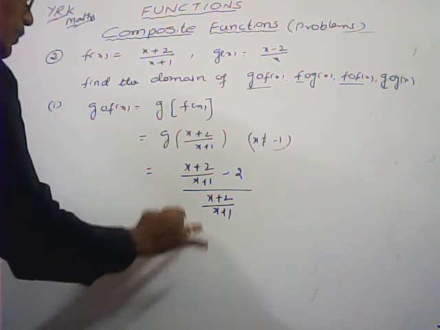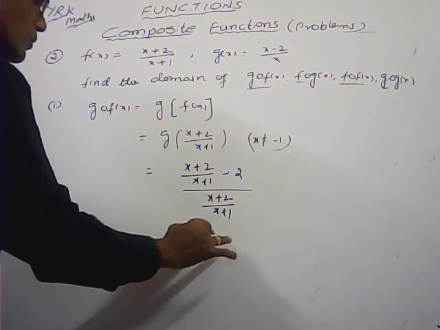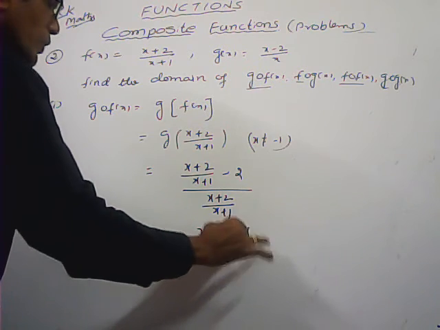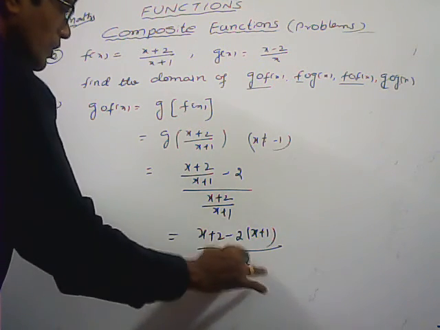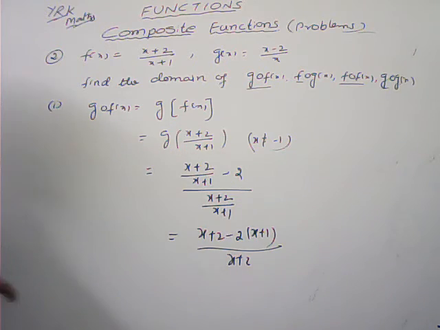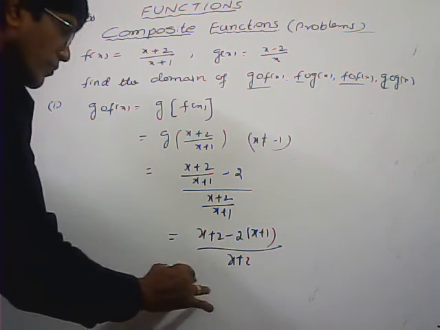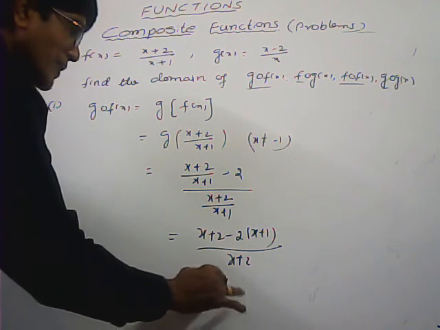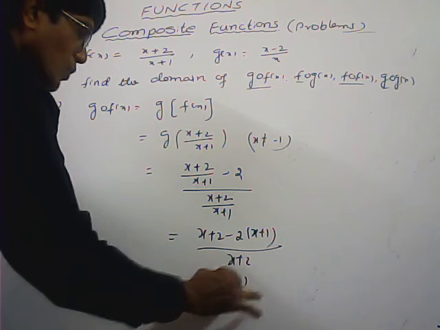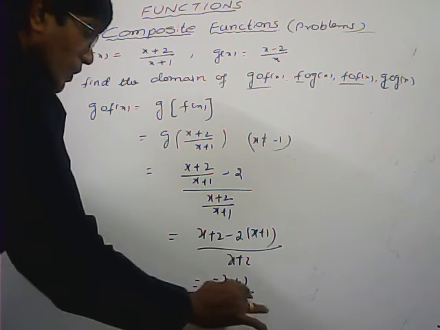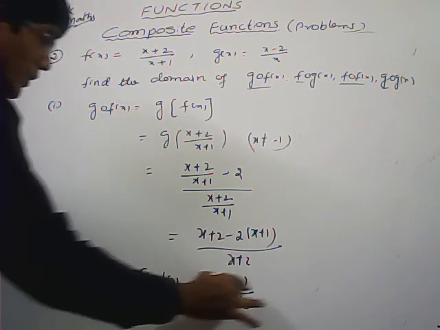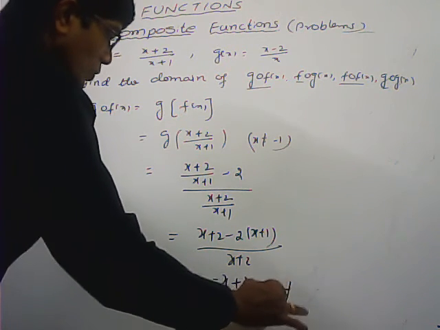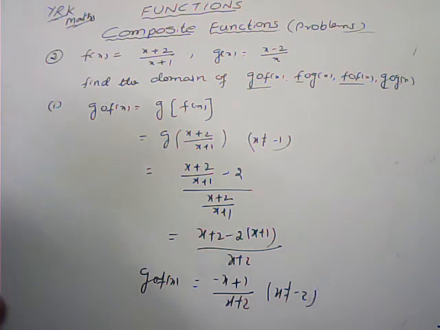Now here you can simplify: x plus 2 minus 2 into x plus 1. Here I am taking LCM, by x plus 2. Here both the denominators get cancelled. Now x minus 2x minus x plus 2 minus 1 plus 1 by x plus 2. So this g circle f of x doesn't exist for x equals minus 2. Overall, what is the domain of g circle f?